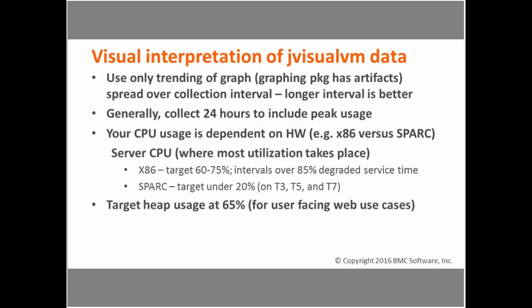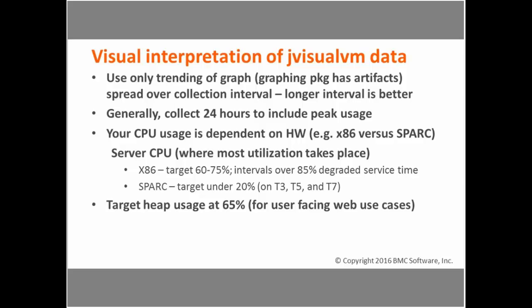I generally target the heap usage at 65% for user-facing machines. So I said web use cases, and the reason is you can never tell how many people are coming in, so you need enough room there. And you can never tell what people do. You can put some safeguard in, for example, don't let this person pull 500,000 rows.